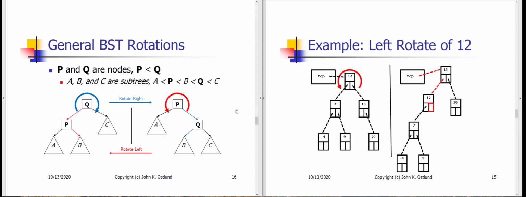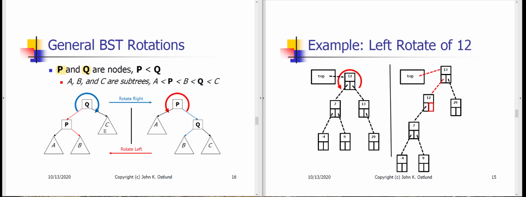Here's a more general picture. Let's suppose that we have a couple of nodes, P and Q, and we have these subtrees, A, B, and C. A, B, and C are not individual nodes.